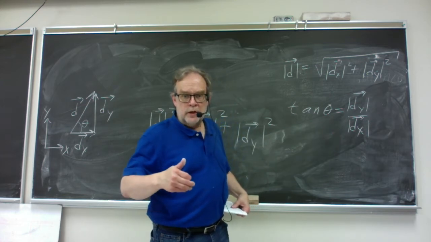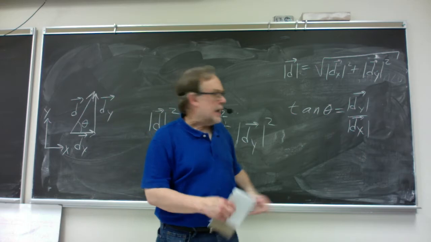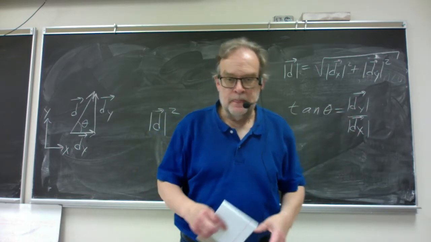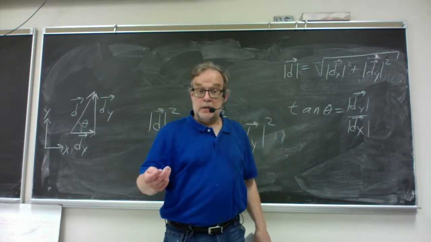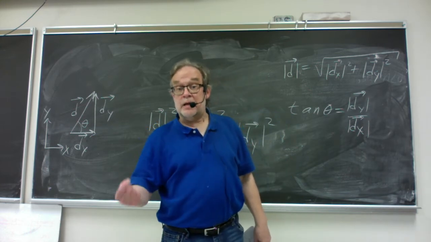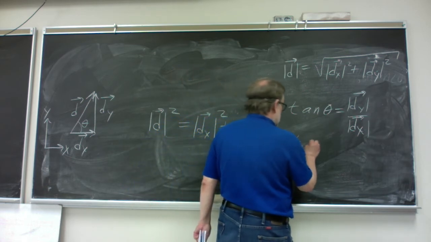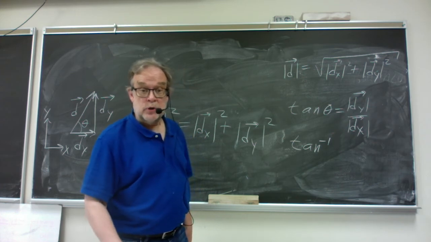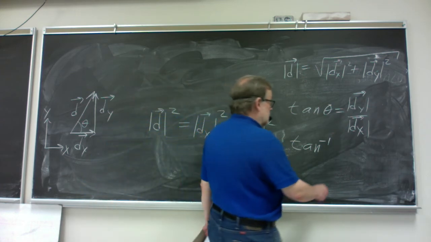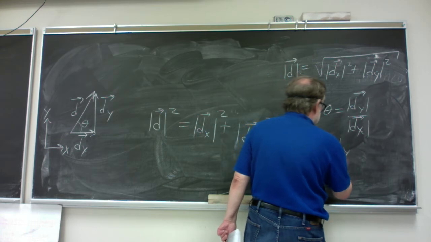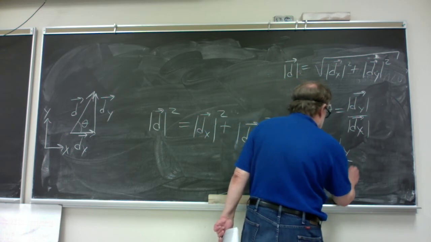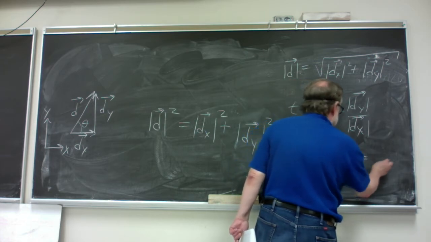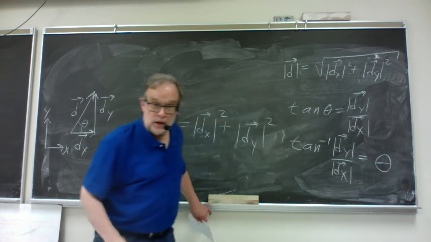What you're really looking for then, in other words, is the angle that has this number for its tangent. And to find that number, you need to use the inverse tangent function. That is, tangent to the -1 power is how we write the so-called inverse tangent. The inverse tangent of that ratio, magnitude of dy over magnitude of dx, is the angle.